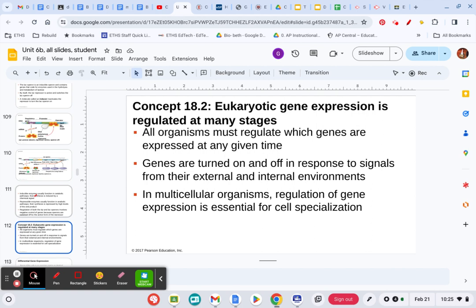Genes are turned on and off in response to signals from their environment and their internal cues as well. So, in other words, if the environment is not hospitable, that can cause a gene regulation to change. And same thing with internal. So if you're sick, for example, gene regulation can change and certain genes might not get expressed because you're sick and you want to put all your energy into getting well in the immune system and you don't want to put it into, say, growing.